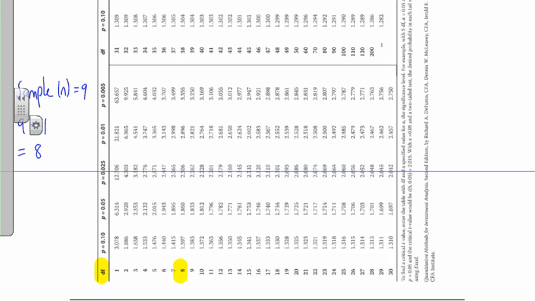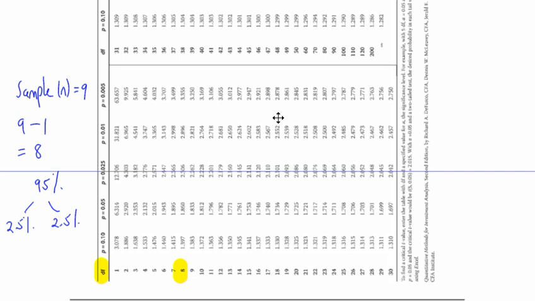Remember, what do we say? Well, I want a 95% confidence. But remember, guys, that there are two tails over here. So what do we have to say? There's 2.5% goes into the one tail, and then 2.5% goes into the other tail. So when I'm looking over here on the top of my table, I'll be looking at 2.5%, not 5%.